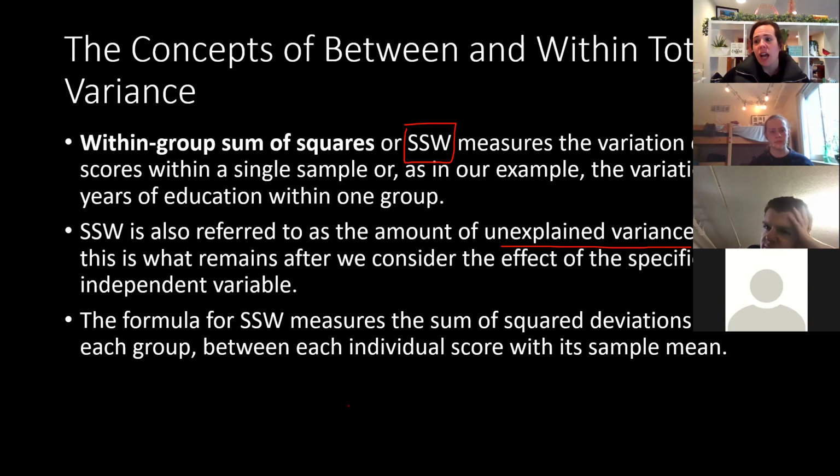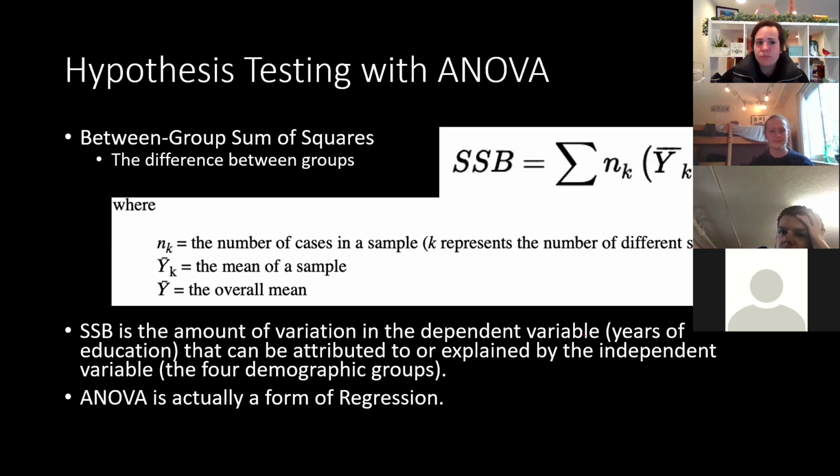The formula for SSW measures the sum of squared deviations within each group between each individual score and its sample mean. Okay, so that's a lot of abstract talk describing what the formula is. Here it is. So the between group sums of squares, here it is, SSB. It is the sum of the number of cases in a sample, where K represents the number of different samples.